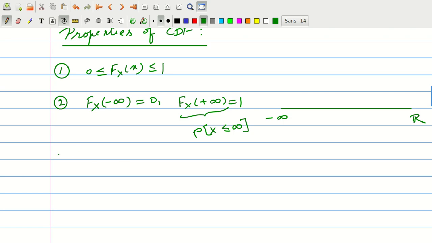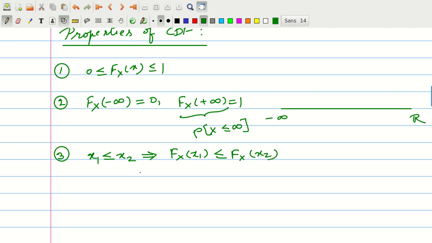The third property says that for some x1 less than or equal to x2, the corresponding CDFs F_X(x1) must be less than or equal to F_X(x2).